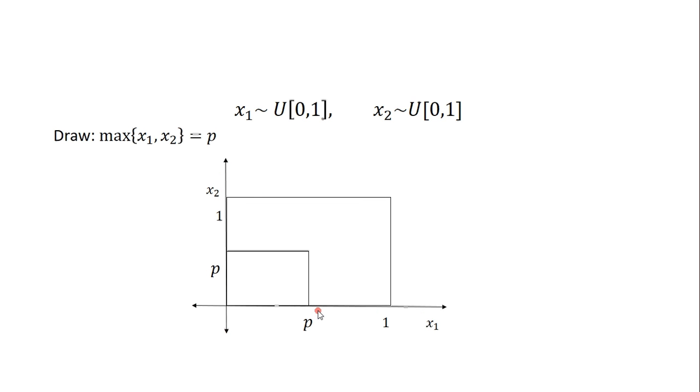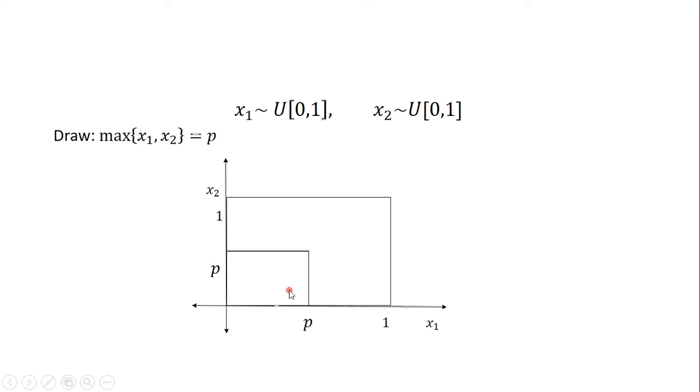Now it is a very simple exercise to plot max of x1, x2 equal to p. We get a simple inverted L shape, like the indifference curve that we have done in our microeconomics exercises. So max of x1, x2 equal to p has an inward-shaped level curve, that is p, p.